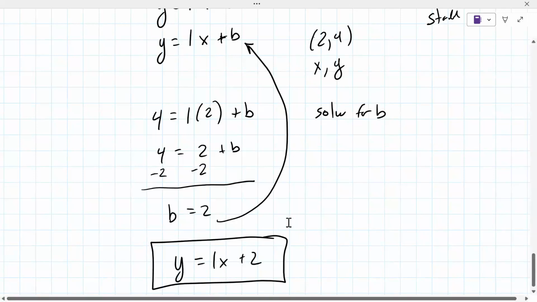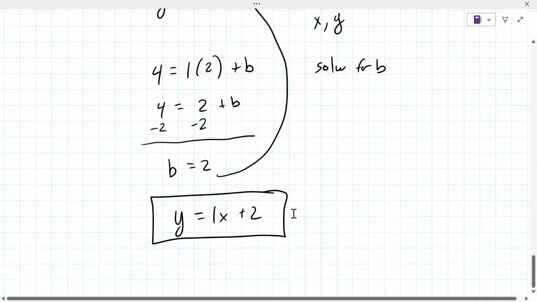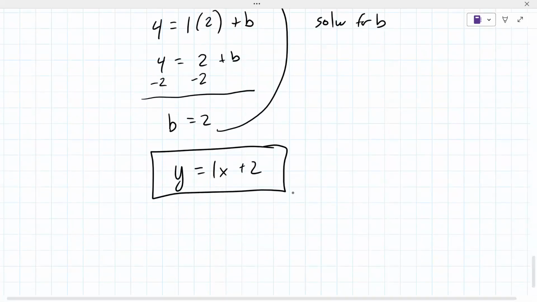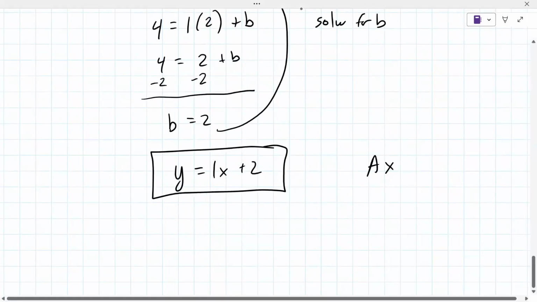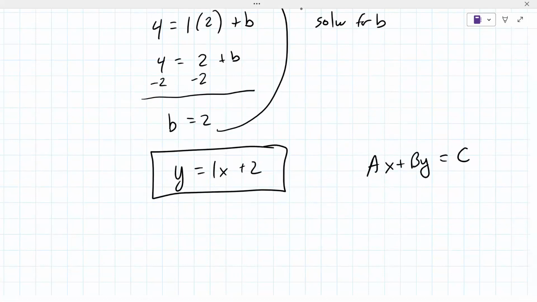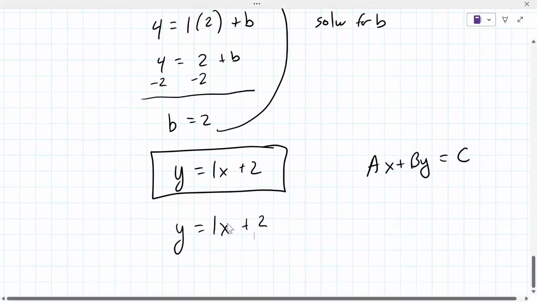All right, now that's not standard form though. So we have to now do a bit more to get this into standard form. So standard form again is AX plus BY equals C. Okay, so if we get X and Y on the same side, we're in good shape. So do you want to move the X to the left?